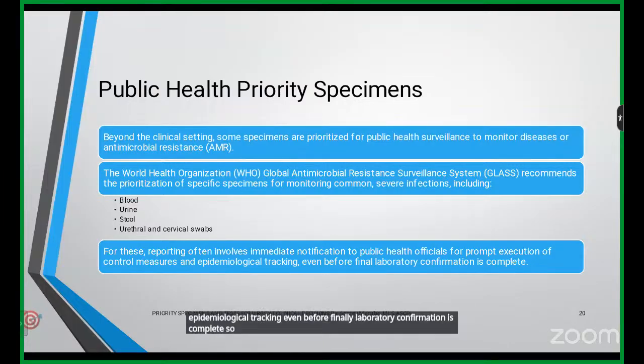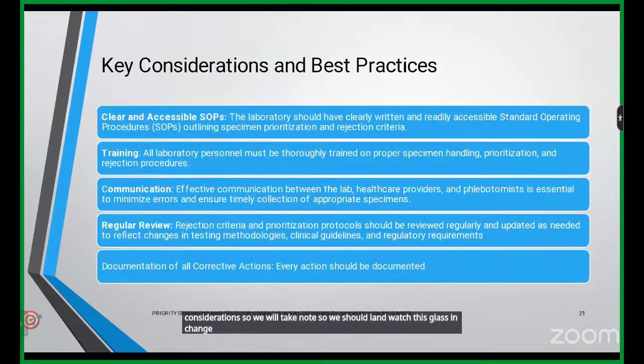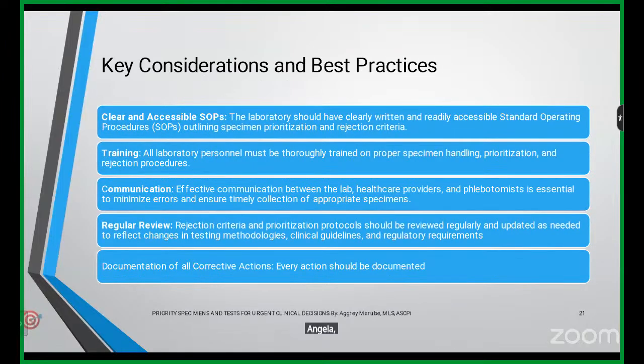So kindly note, this one falls into our protocols of priority considerations. So we should take note of it. So we should learn what this GLASS entails and incorporate it into our protocols in the lab. There are key considerations and best practices that we should emphasize.